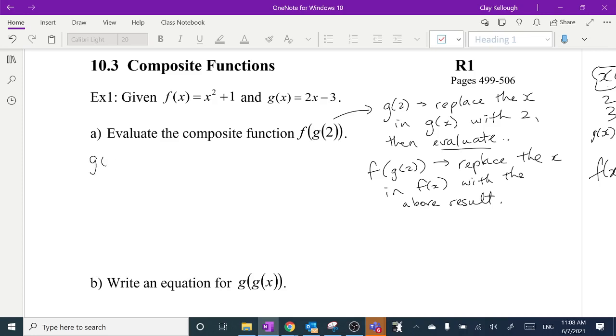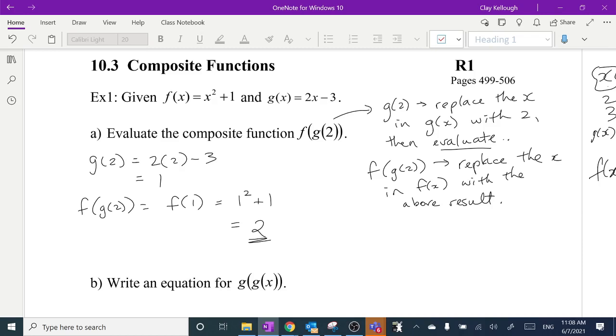So g of 2 would be, okay, we're going to put 2 in where that x is. 2 times 2 minus 3. Well, that's a 1. So f of g of 2 is like saying, what's f of 1? So f of 1 is going to be, put a 1 in where that x is, 1 squared plus 1, which is 2.